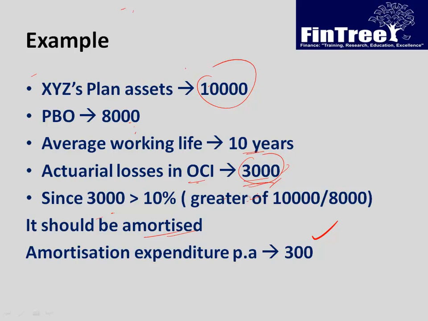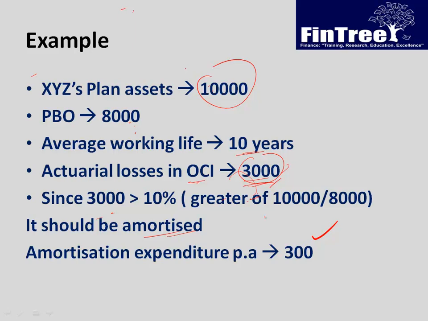No, but the amount of amortization every year would be different. If we say 2,000 divided by 10, it would turn out to be 200. We would amortize 300 every year till the time it reaches 1,000. Why? Because it must have been done on an assumption that OCI would keep on changing every year and assets would also keep on changing every year.